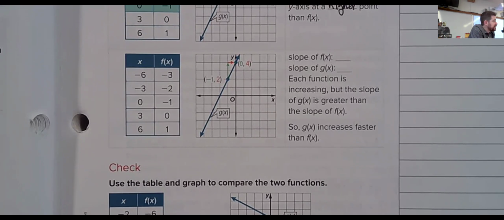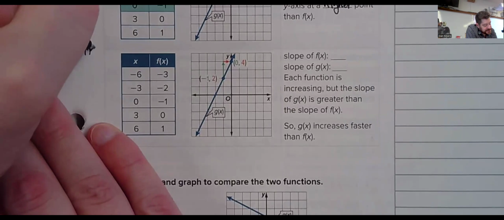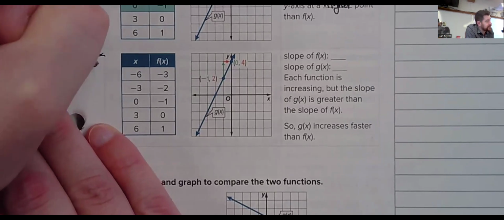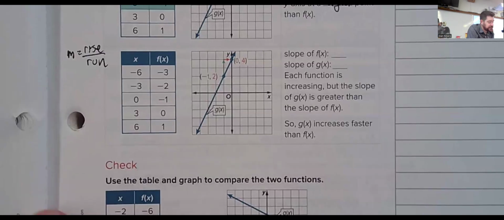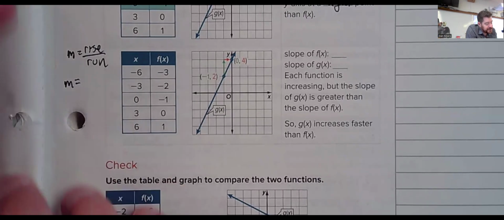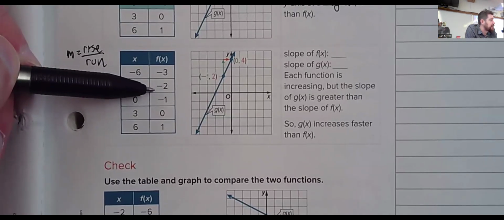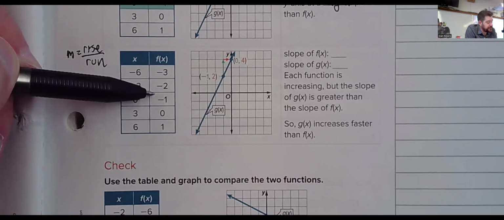But remember that slope is rise over run, right? So m is equal to rise over run. So the slope here, if we go from -3 to -2, is that going up or down? By how much? 1.